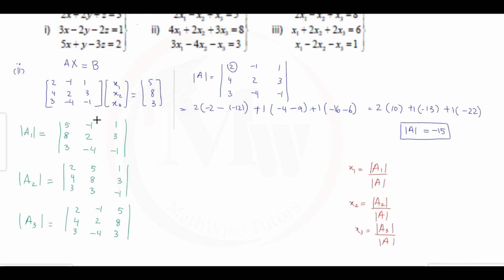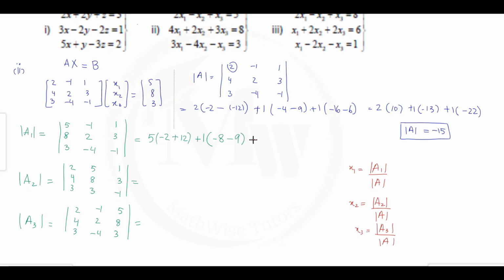Now it's time to find the determinant of all three to put in this formula. Fix the first one and multiply these: 2 times minus 2, and minus 3 times 4 is minus 12, so it becomes plus 12. Now the minus 1, so minus becomes plus. 8 times minus 1 is minus 8. 3 times 3 is 9, so minus 9.